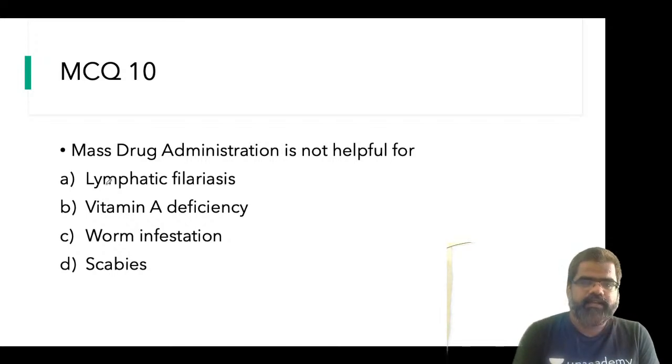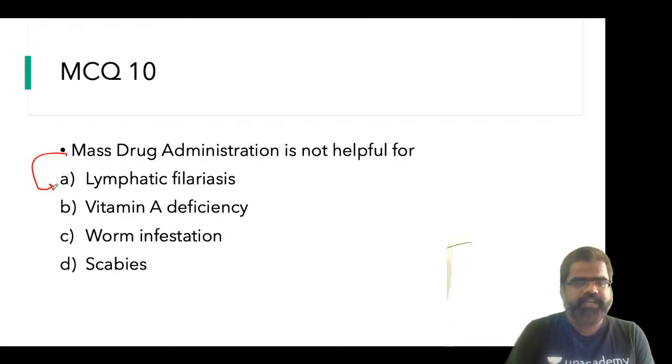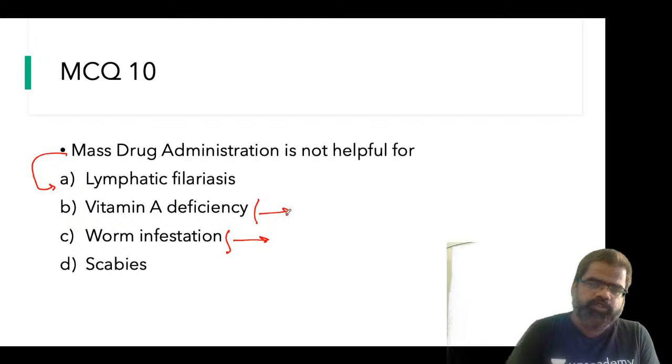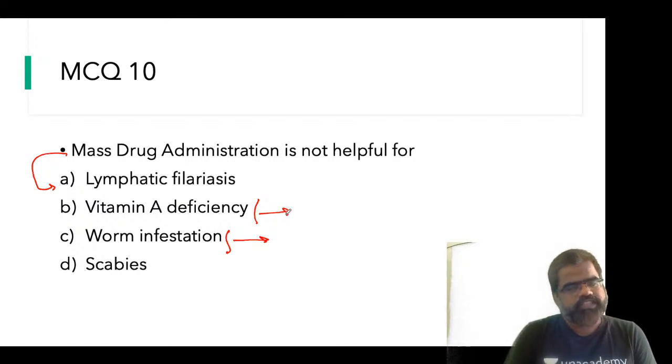Okay. Now, MDA is very common for lymphatic filariasis, right? In lymphatic filariasis, we use MDA, mass drug administration. In worm infestation also, we do national deworming. Students, vitamin A deficiency also, we give every 6 months to all children till 5 years of age.